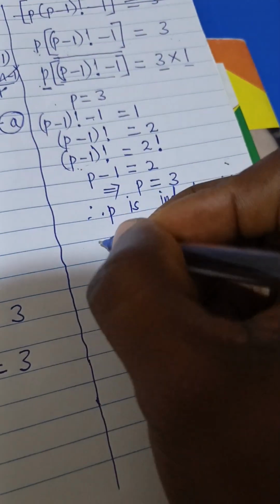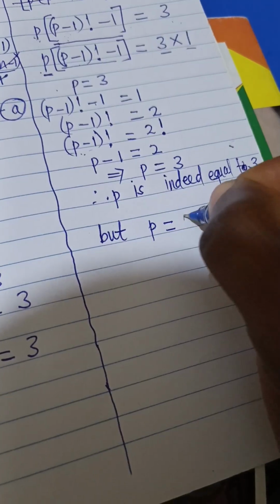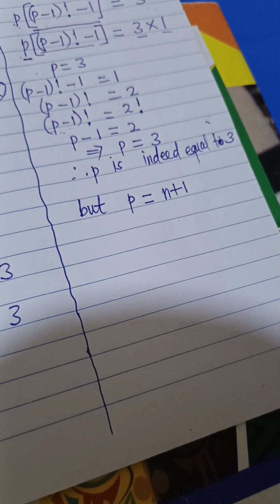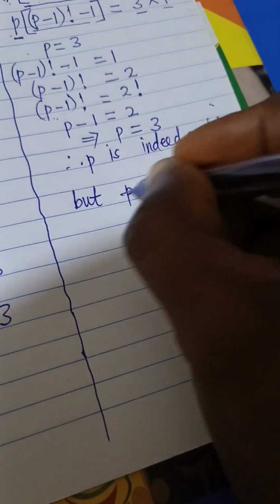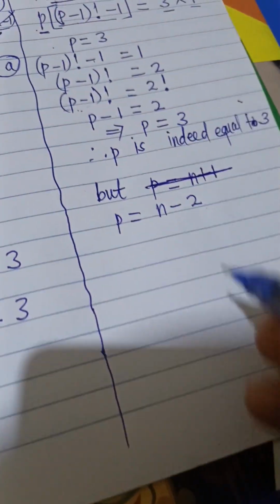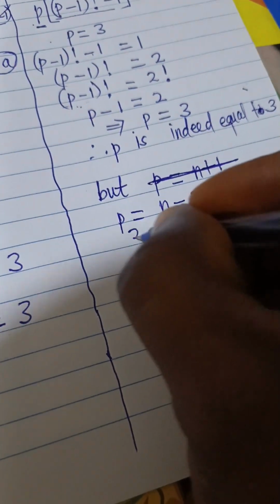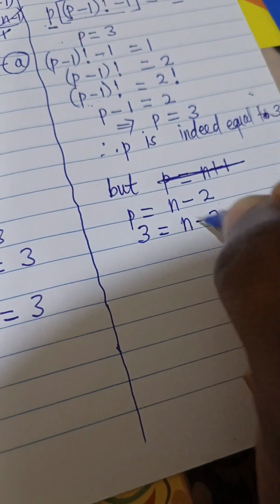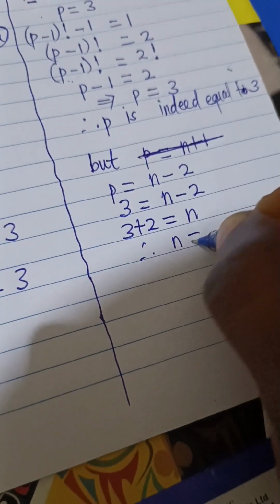We let p be equal to n minus 2. So what we do is bring back our p, which is 3, and substitute it into this expression. That gives us n minus 2. So when we bring 2 to the other side, that gives us n. Therefore, n is equal to 5.